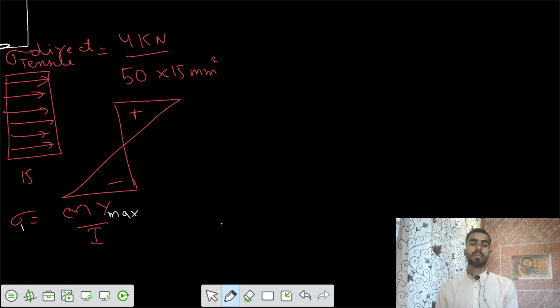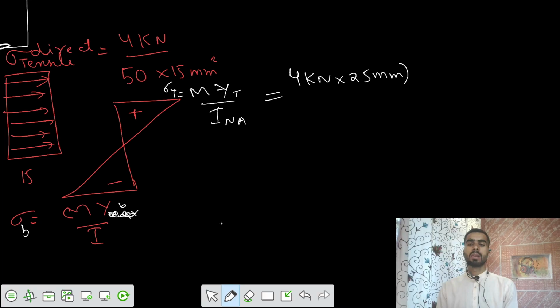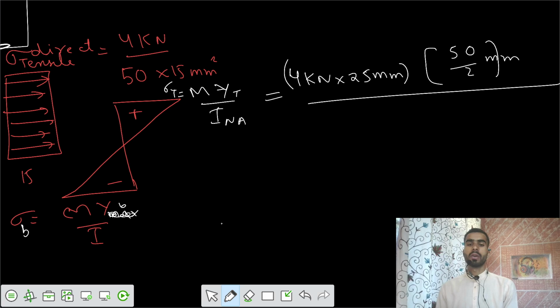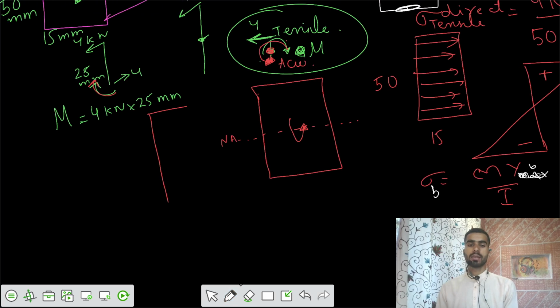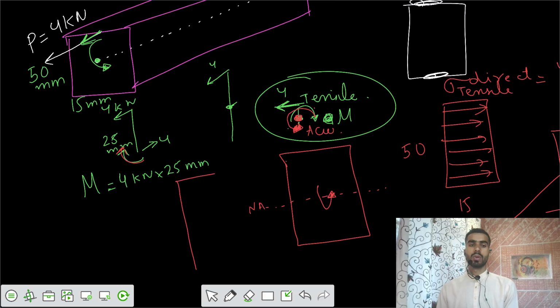If you want sigma bottom, you write y bottom, and for sigma top, you write M y top by I about the neutral axis. So you can solve that. The moment equals 4 kilonewton into 25 mm, the value of y is 50 upon 2 mm, and the moment of inertia about the neutral axis is BD cube by 12.